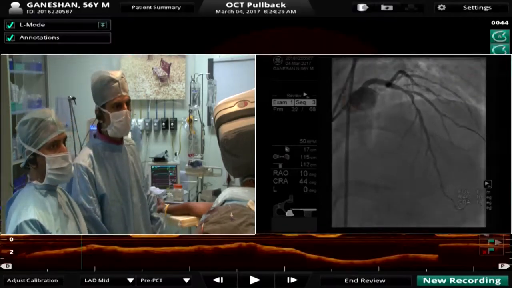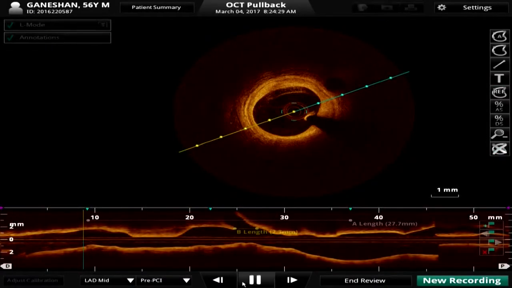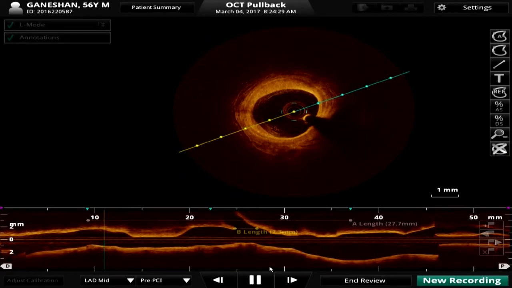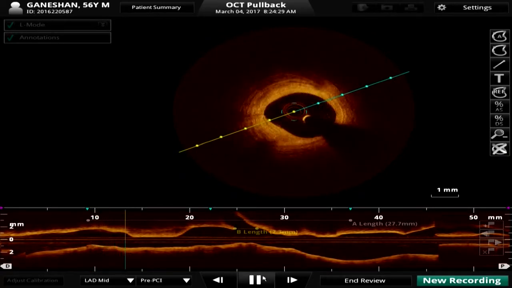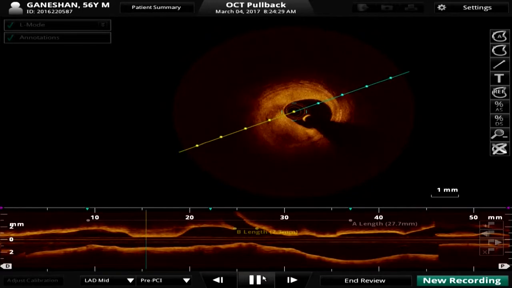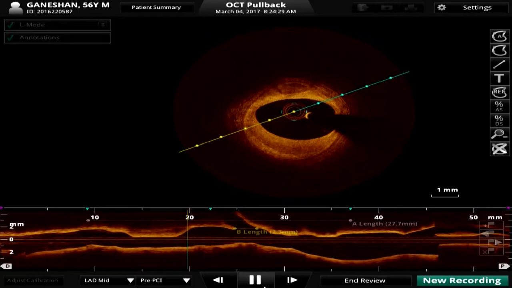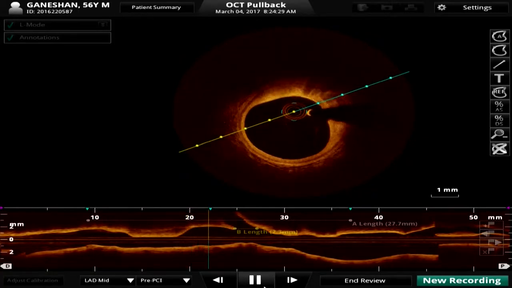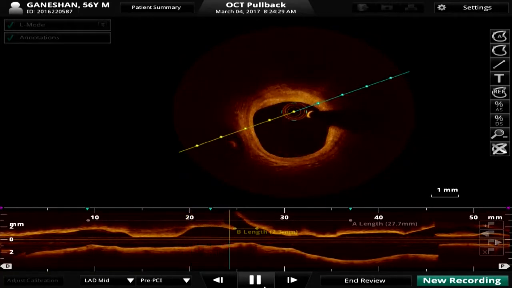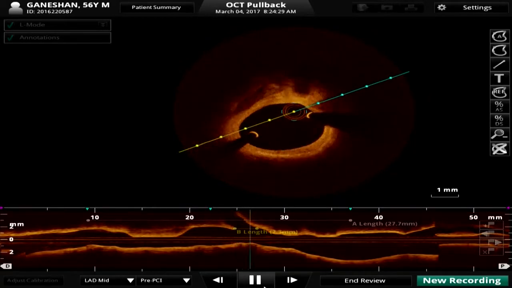Right. So can you show the images we have just done, the OCT? Yeah. So the OCT is just from distal. Now you can see coming to the lesion, a very tight lesion distally. There is some amount of organized thrombus layered onto the vessel wall. And coming here to the bifurcation, you can see the diagonal.